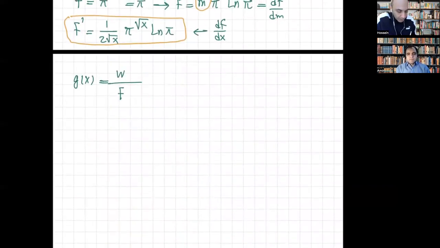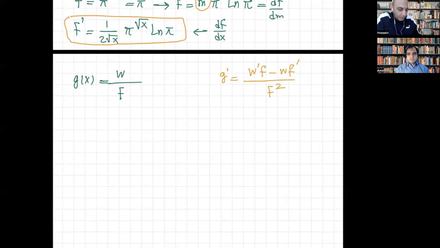If you remember in our previous videos, we talked about the quotient rule. So I'm going to use the quotient rule here. As a reminder, g prime, based on the quotient rule, is w prime times f minus w times f prime, divided by f squared. This is the quotient rule.